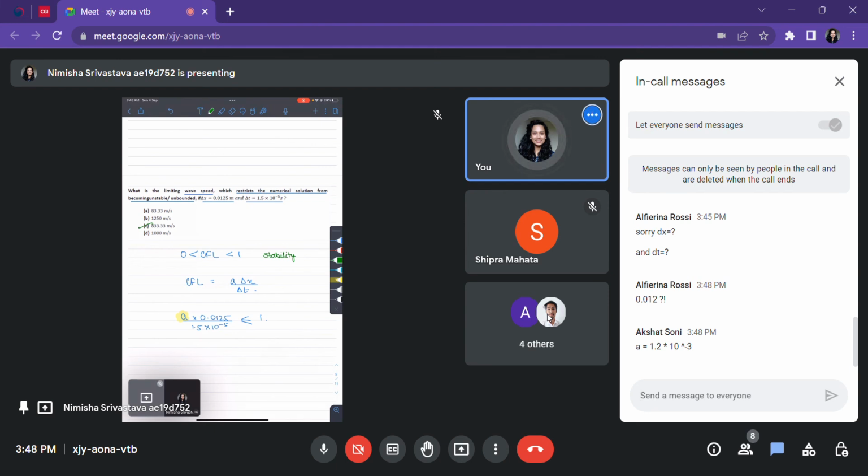We want the answer for A, the limiting value for A. That's really surprising. 1.5 into 10 raised to the power minus 5, right? So did you not raise it to the power of minus 5? That goes and becomes plus 5 on the other side, right?